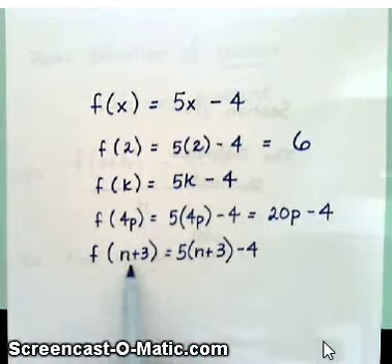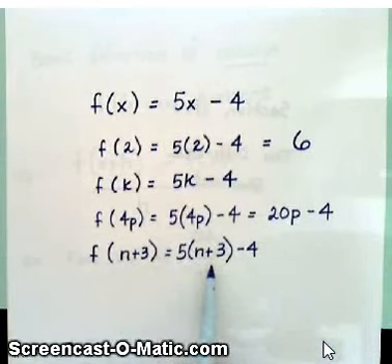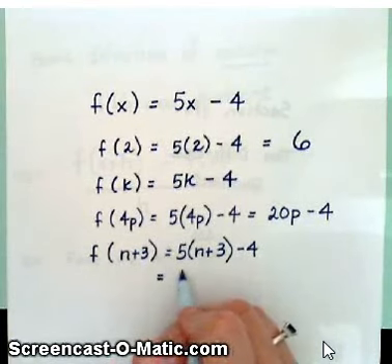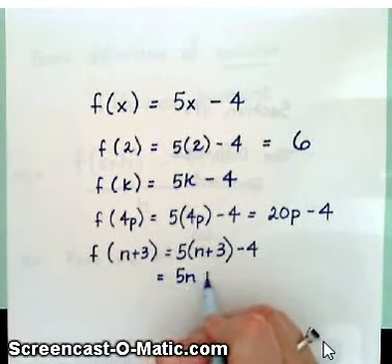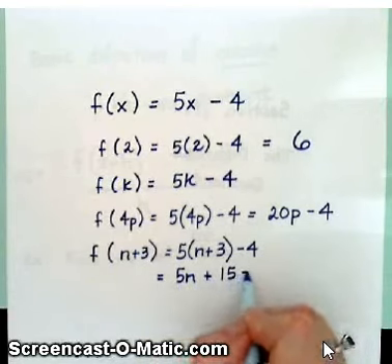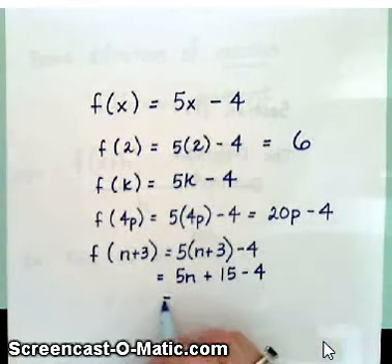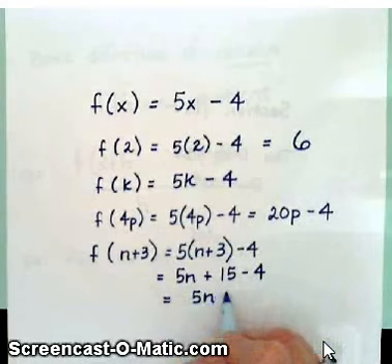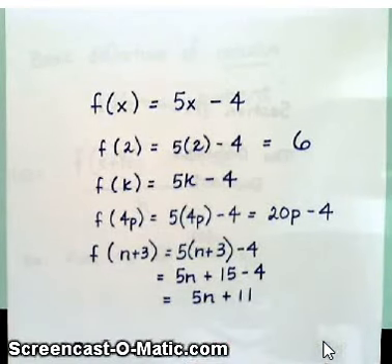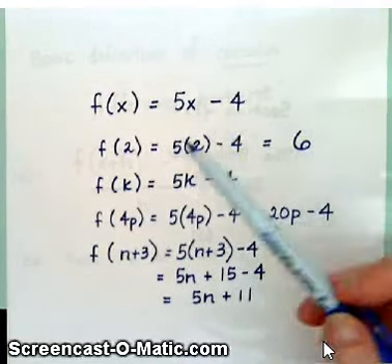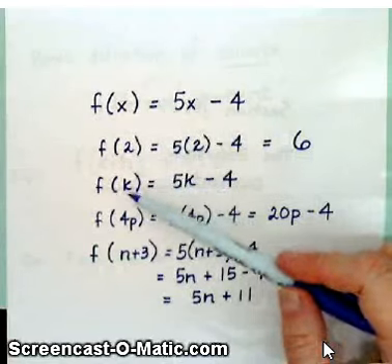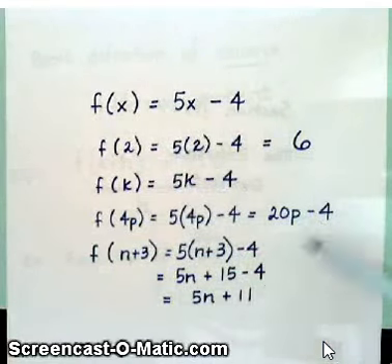In other words, this goes in for the variable. And so then we would simplify that, 5n plus 5 times 3, 15, minus 4. And you can simplify a little bit here, 5n plus 11. Okay, so this is the idea that a function has no specific value until you give it one. And so in each of these problems here, we've given it a specific value, and we've evaluated. Evaluate means find the value.